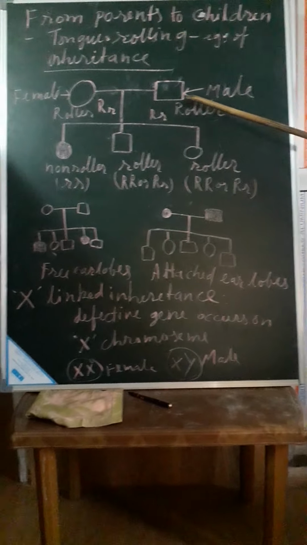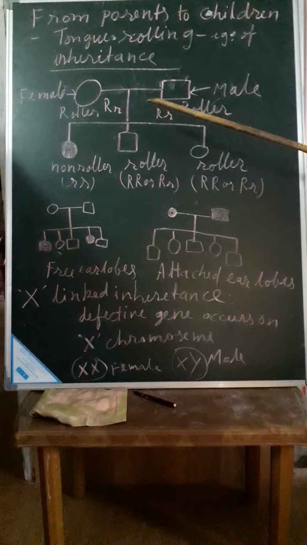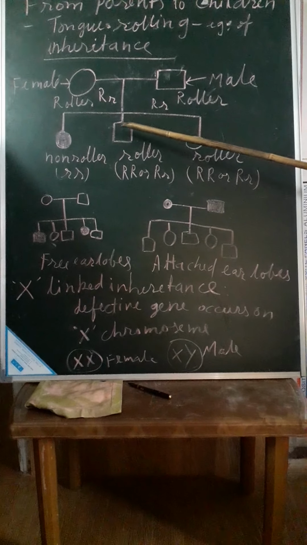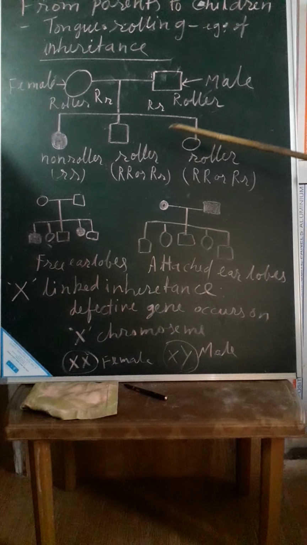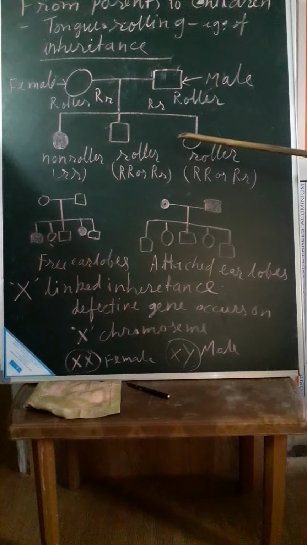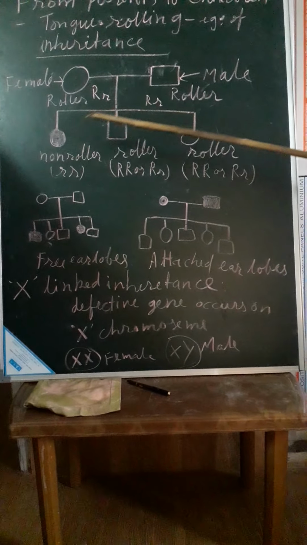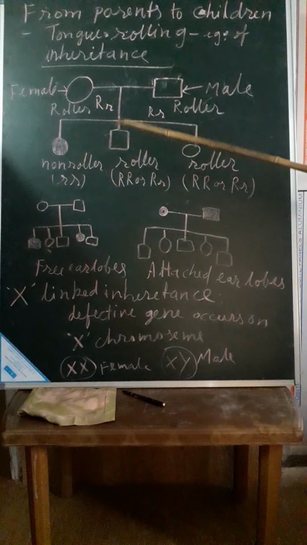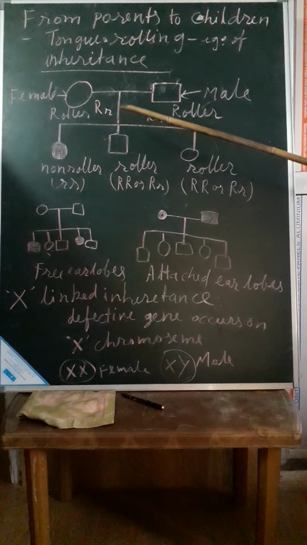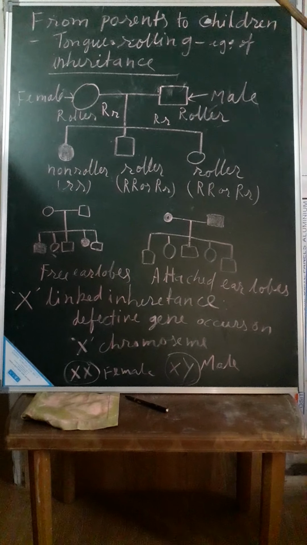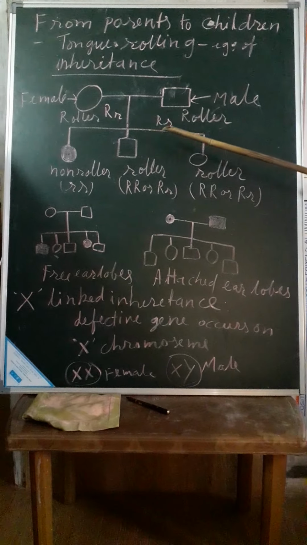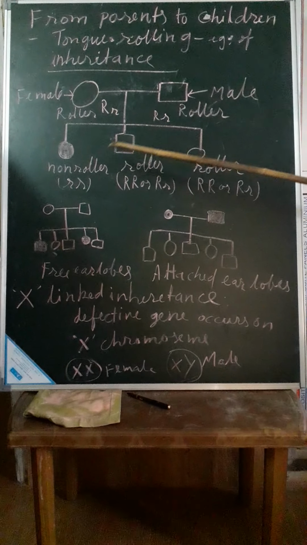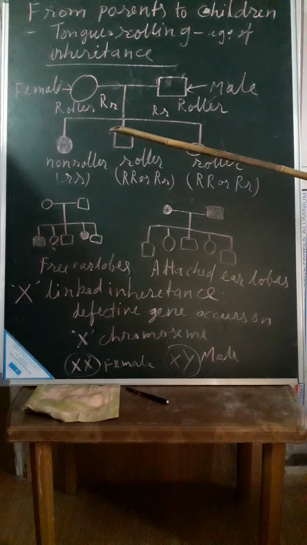Both are tongue rollers. But among their three children, two are able to roll the tongue but one is a non-tongue roller. So how is it possible that both parents were tongue rollers but one child is not able to roll the tongue?